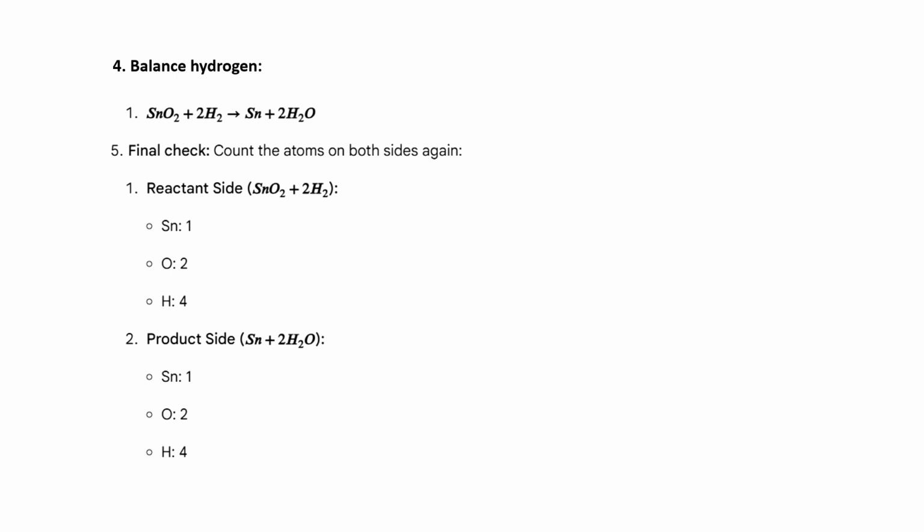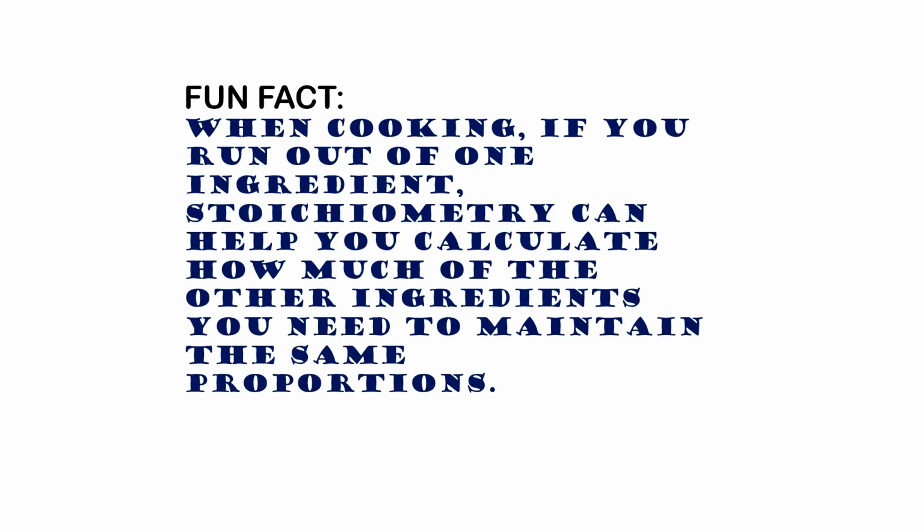And now, finally, a fun fact. To end this presentation on stoichiometry, here's a fun fact. When cooking, if you run out of one ingredient, stoichiometry can help you calculate how much of the other ingredients you'll need to maintain the same proportions.